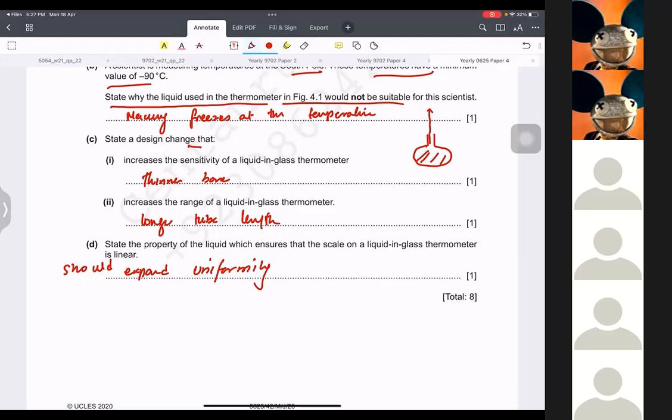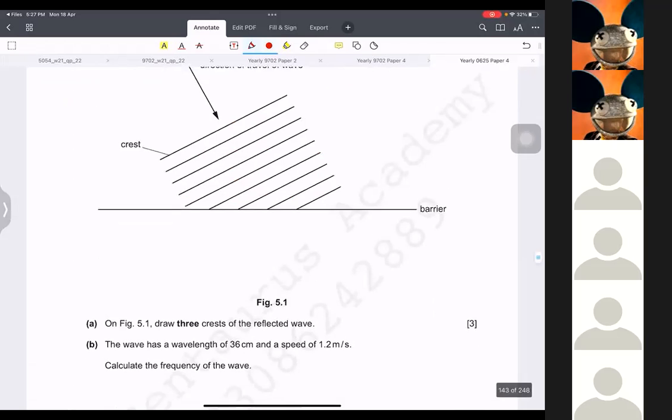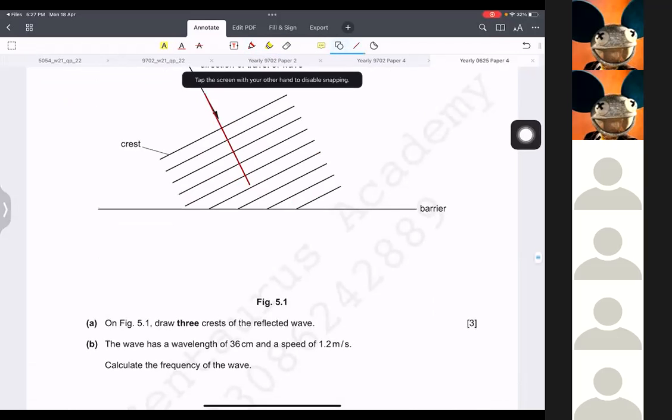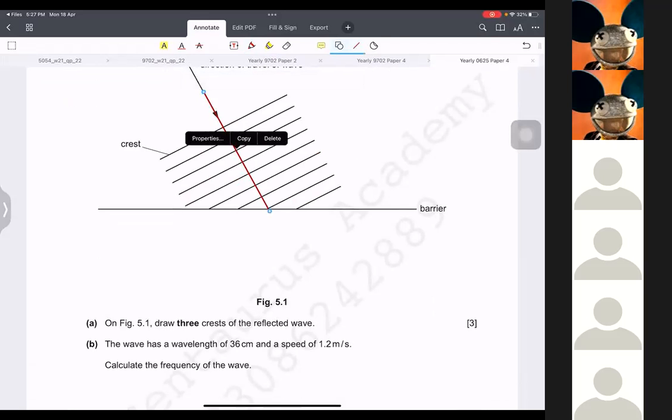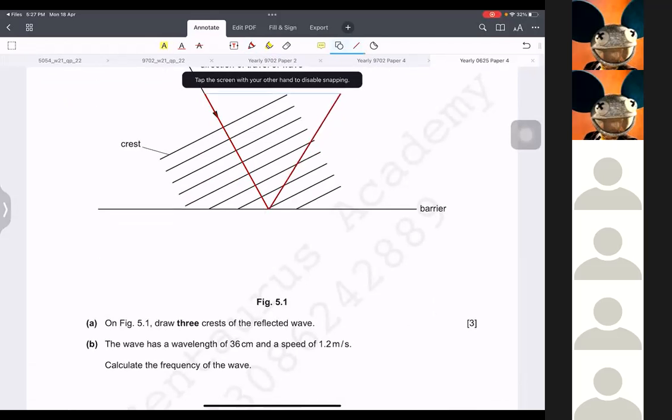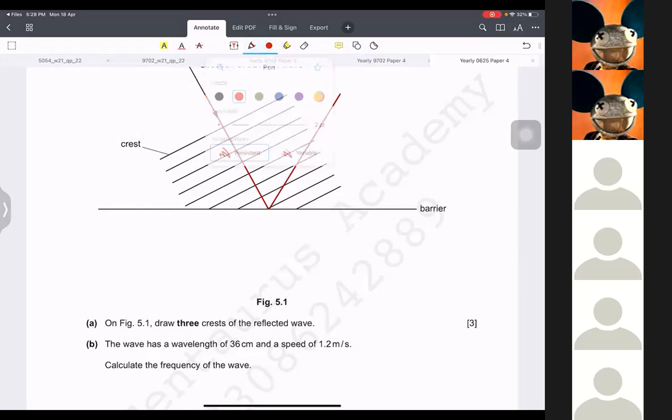Okay, now going to this one, it says draw 3 crests of the reflected wave. Whenever this question comes, you need to use a ruler. So you make a straight line first, then you make a normal line, and then you make the same angle.